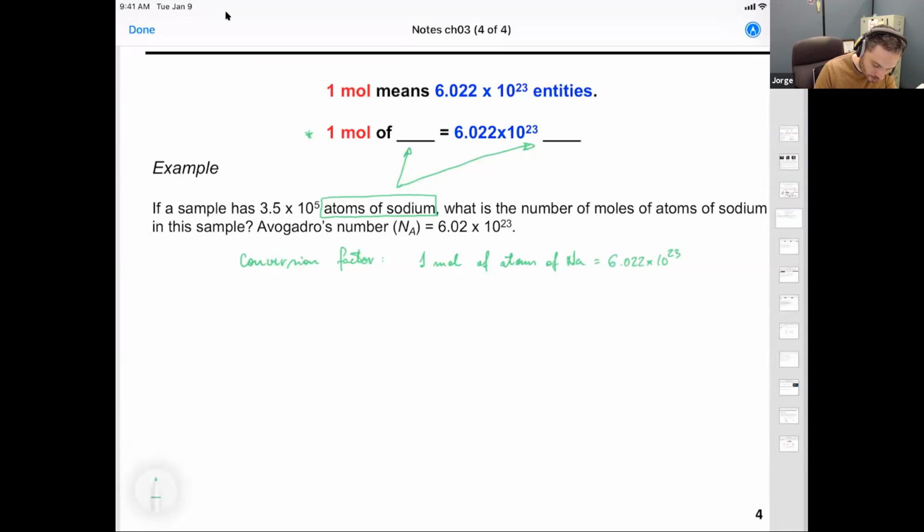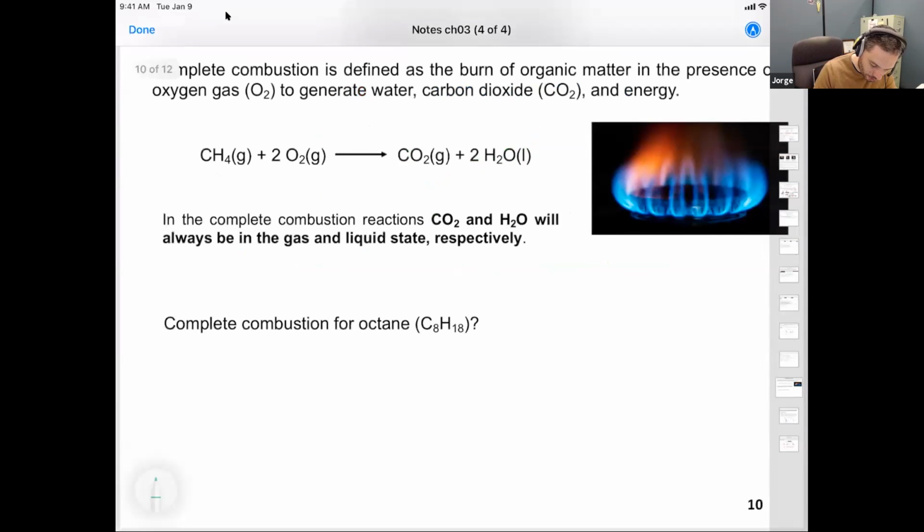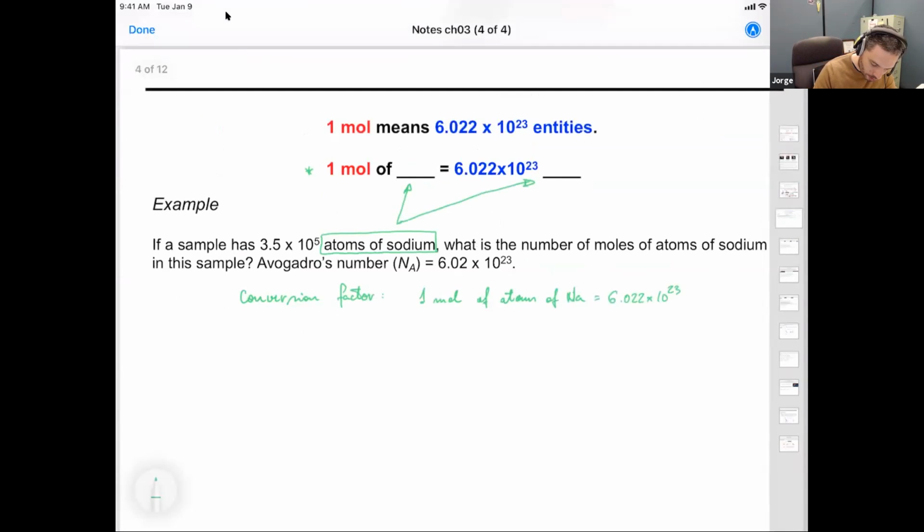Whatever you use to fill the first gap, you are going to use for the second gap. Therefore, we are going to fill it up with atoms of sodium. And that is our conversion factor.